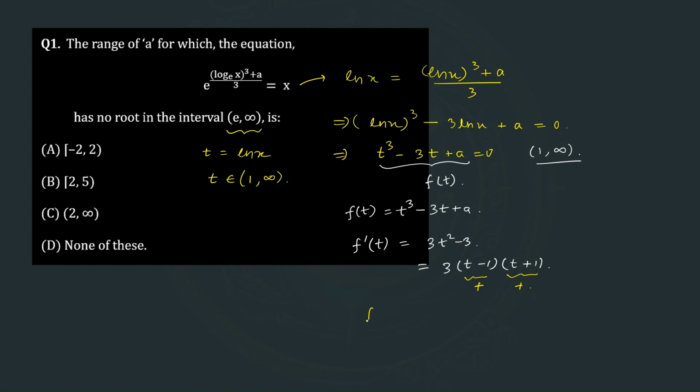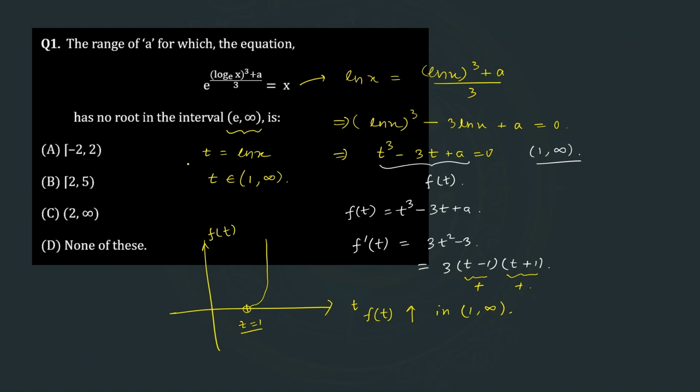So we can clearly say that f(t) is strictly increasing in 1 to infinity. Now what does this mean? If we plot a rough graph of f(t) versus t, then here is the point t equal to 1. Now after t equal to 1, the function is strictly increasing.